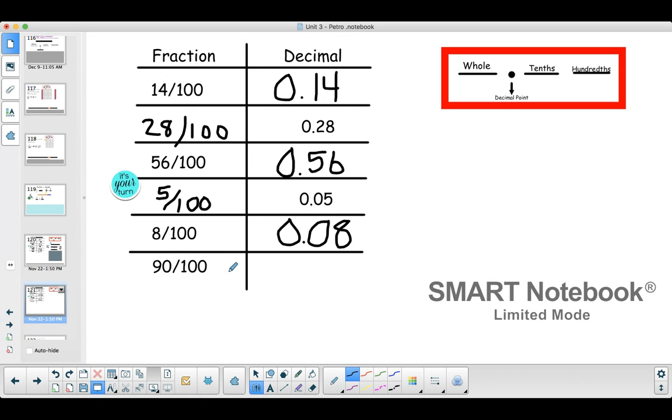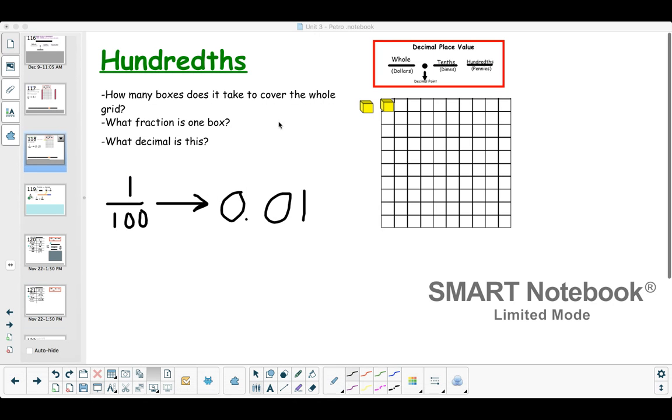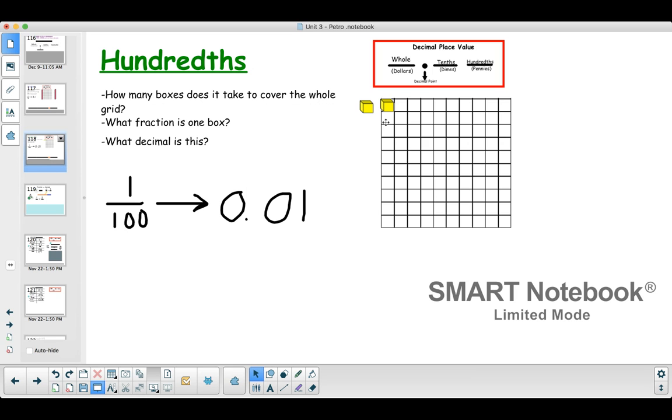Okay, I'm thinking about what this would look like on my hundreds grid. If I go back to the other slide quickly, if I wanted to represent 8 hundredths on my hundredths grid, I can shade 1, 2, 3.